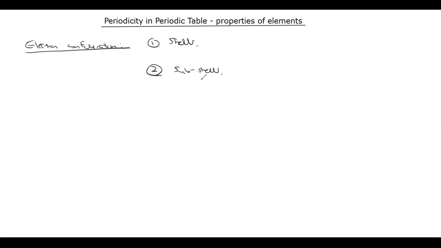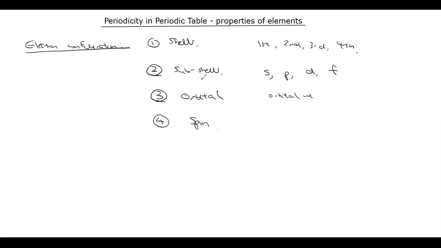Then within each subshell, they are arranged within a specific orbital. And then within the orbital, you've got the spin up or down. Your shells are your first, second, third, fourth shell. Your subshells are your S, P, D, F subshells, and your orbitals are the orbitals within the subshell.